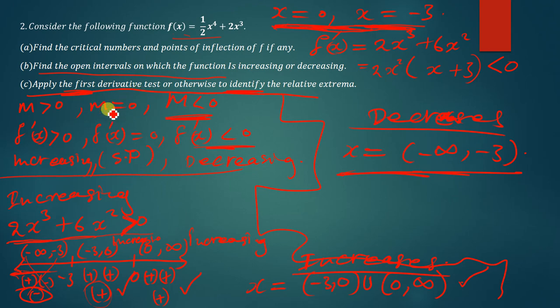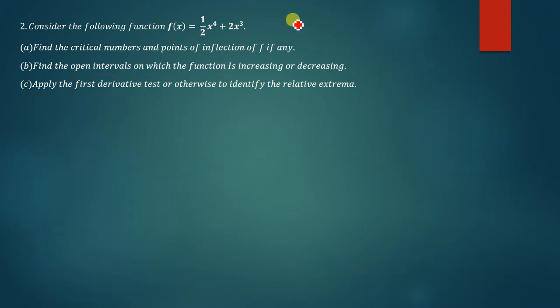How do we apply that? Given the critical points as x is equal to 0 and x is equal to -3, we find the second derivative. The first derivative was found to be 2x^3 + 6x^2.